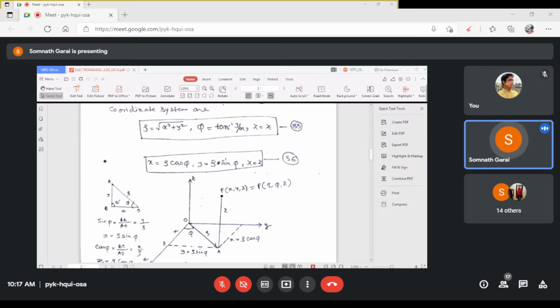How many degrees a point is from the x-axis, that is phi. And z is the height, similar to the Cartesian coordinate.